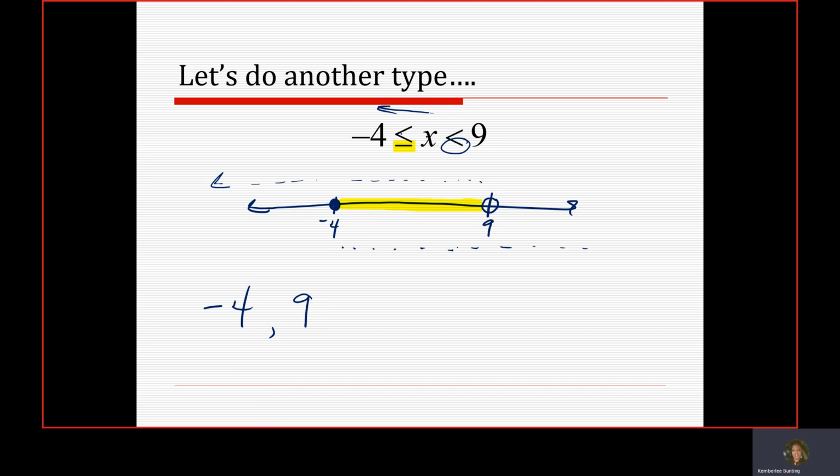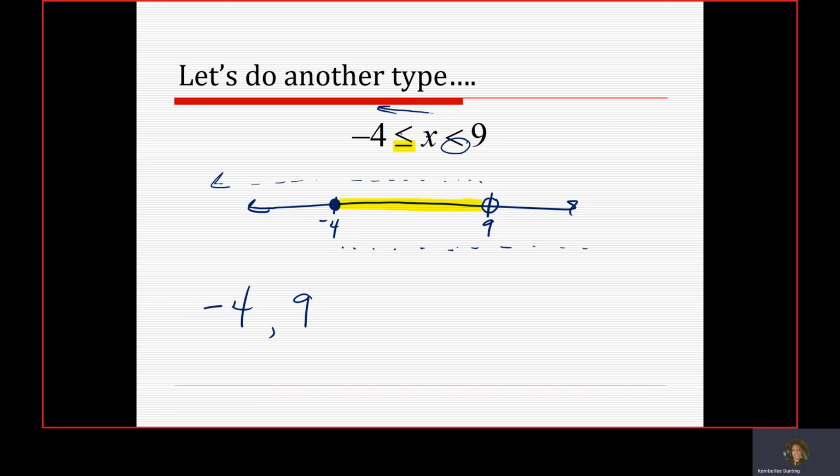Now, look at -4. Am I including that value? Tell me why we're including -4. Look at that picture. What's going on above the number -4 on that number line?